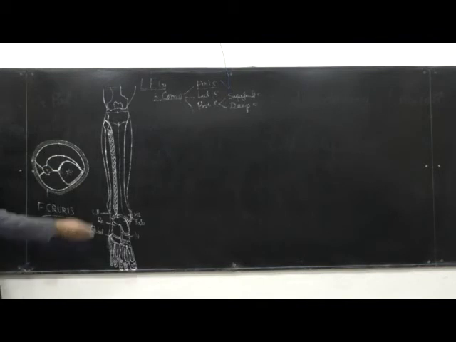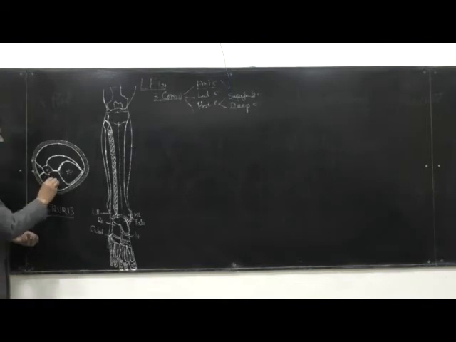So these septa are the partition of the leg compartment. Hence three compartments are visible: anterior, lateral, and the posterior superficial and posterior deep compartment, which is behind this.